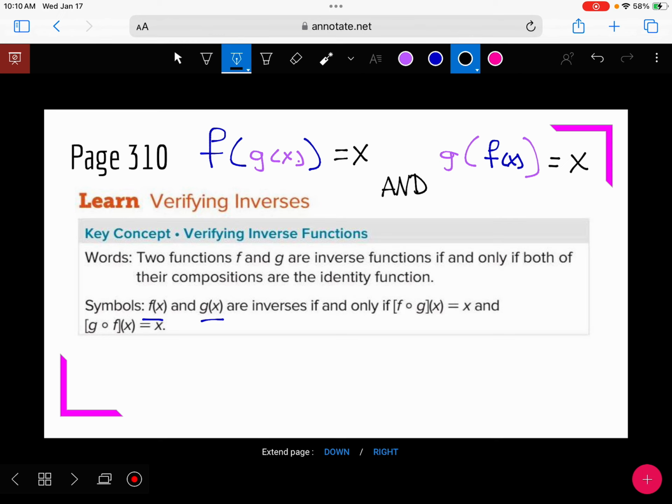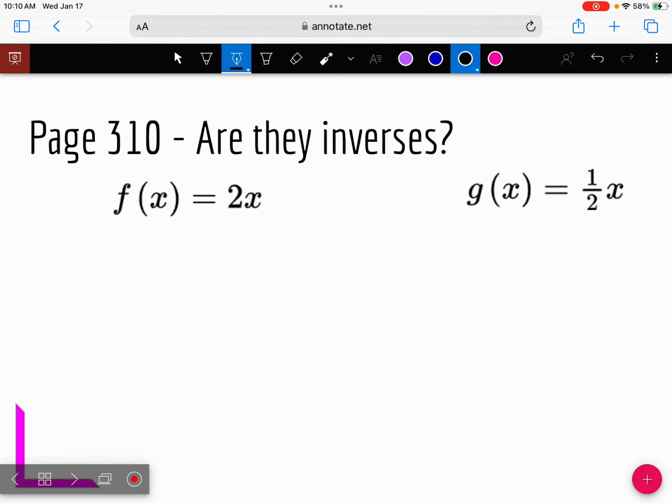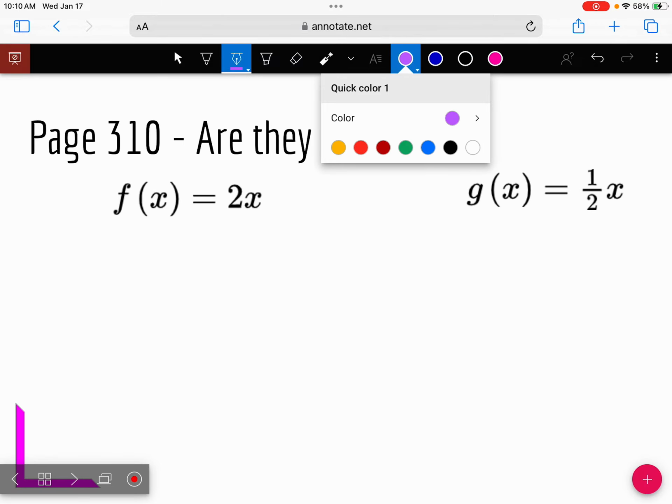Okay, I'm going to change the page. In 5, 4, 3, 2, 1. Change. So this will be the kind of question that you get. We'll say, are they inverses? Here's two functions. And what we're going to do is our composition.